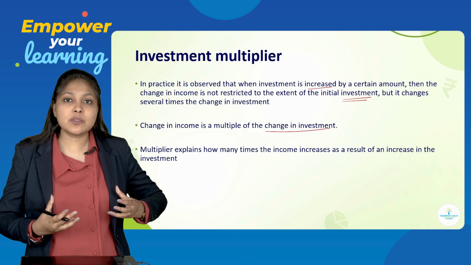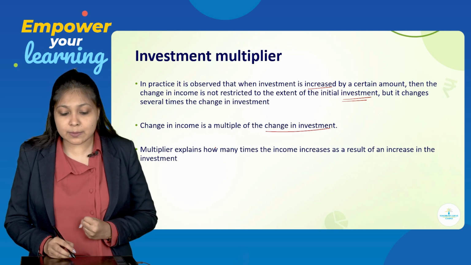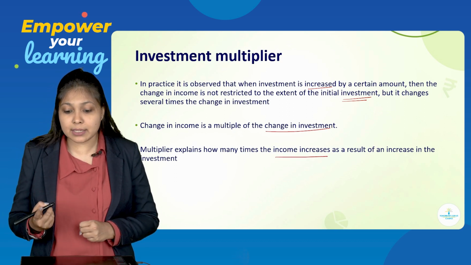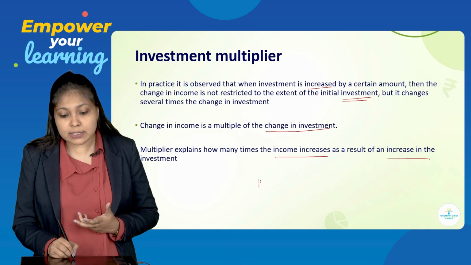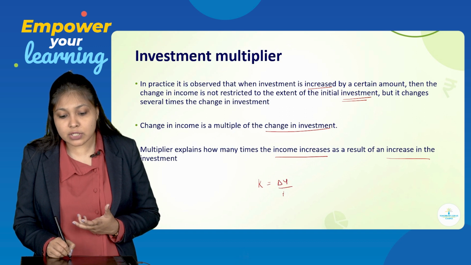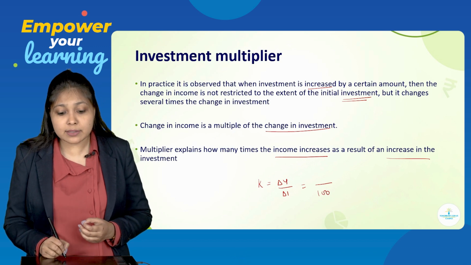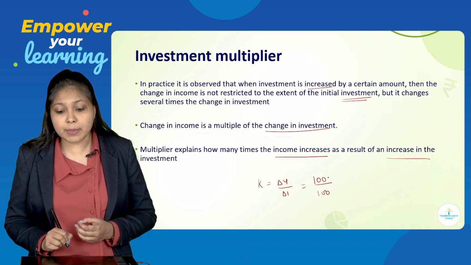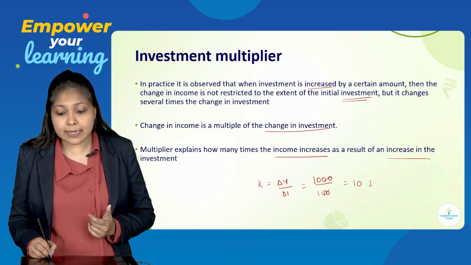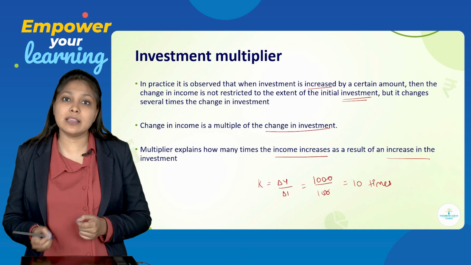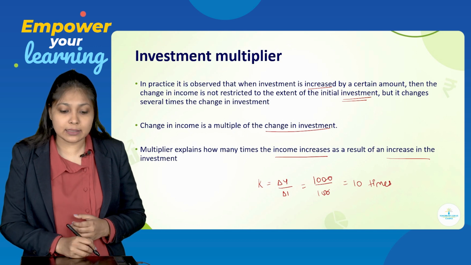The multiplier explains by how many times income increases as a result of an increase in investment. Here I explained the formula, change in Y upon change in I. So when my investment was changing by 100 rupees, my income was increasing by 1000 rupees. That means by 10 times my income is increasing with the change in my investment.